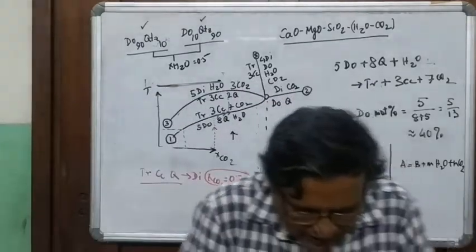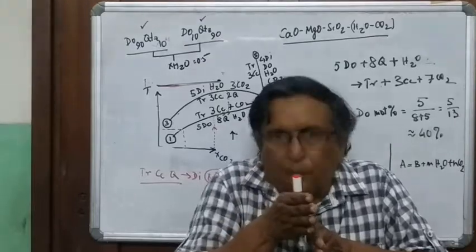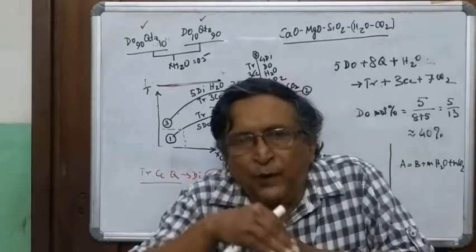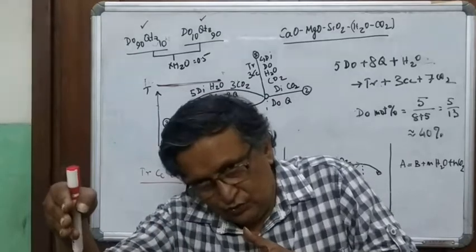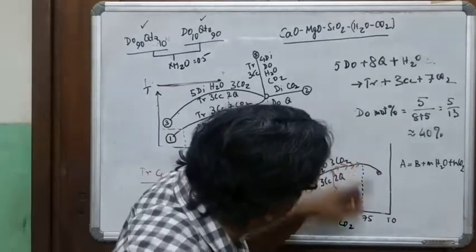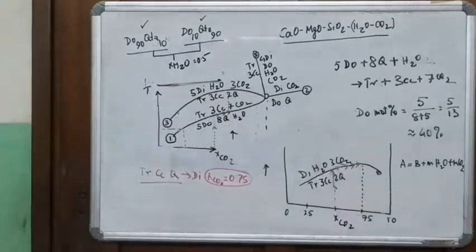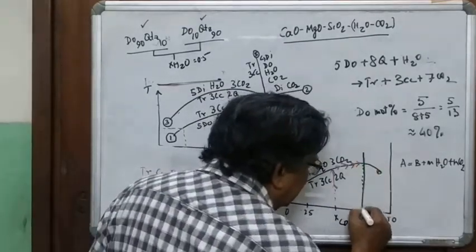So 0.5 fluid was there before, and you're adding XCO2 0.75. So the fluid in equilibrium with the rock is becoming more and more carbonic rich. Have you understood? But the peak is at 0.75.